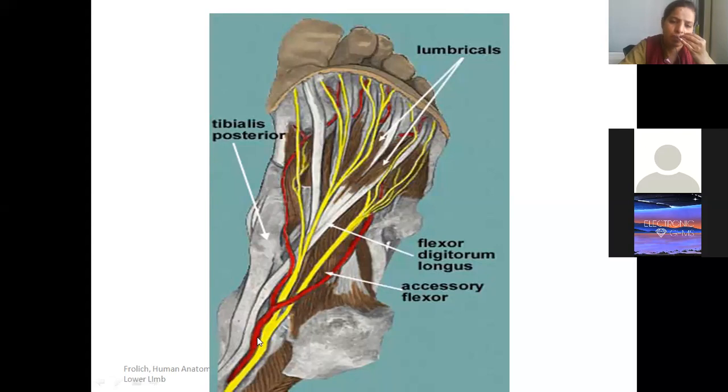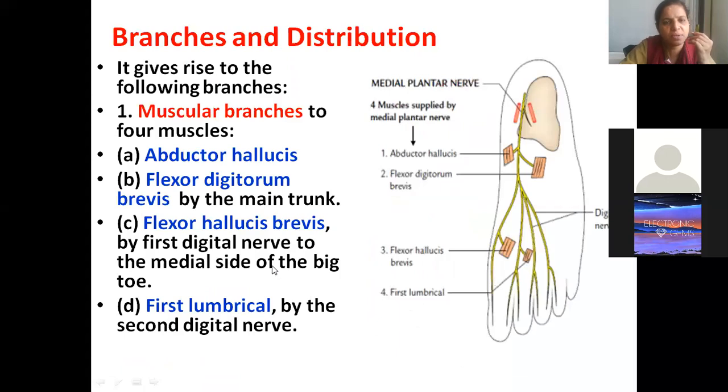Posterior tibial artery. Very good. What is the name of this artery, this branch? Medial plantar artery. And this lateral one? Lateral plantar artery. Very good. They are passing below which structure? Flexor retinaculum. That's it. Very good. It shows your attention. Nice. Very good.